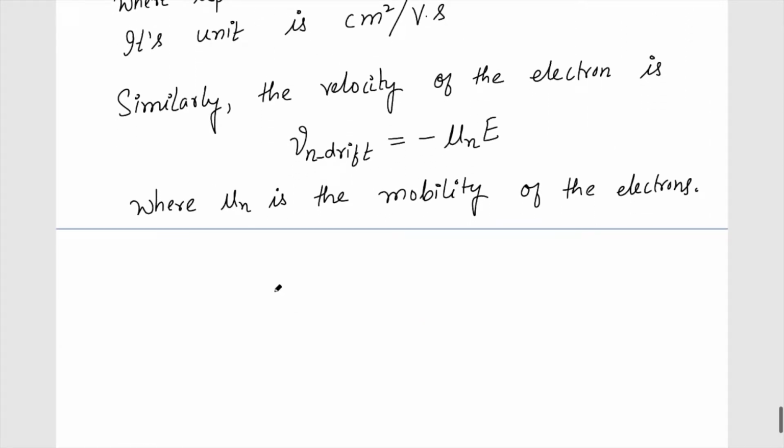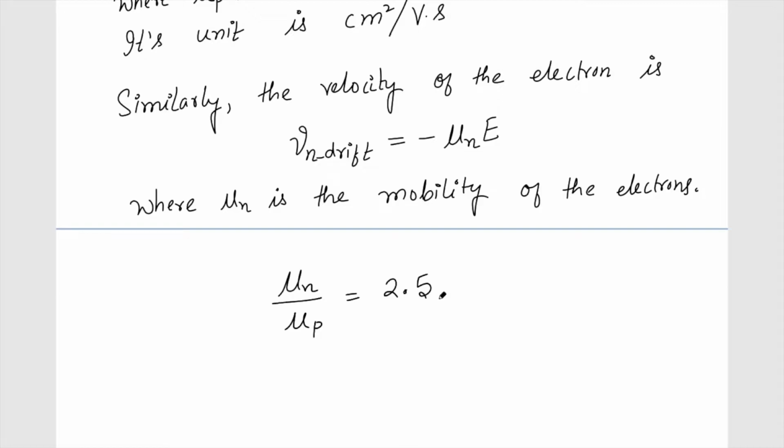So mu n by mu p is going to become 2.5. What it means is that the electrons are 2.5 times more mobile than the holes, or basically the mobility, the ability to move, for the electrons is 2.5 times higher than the holes.